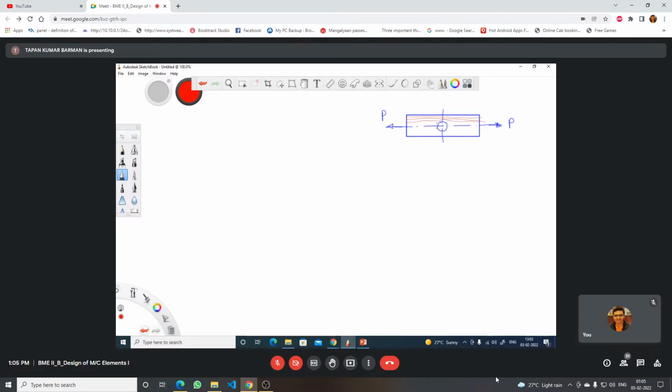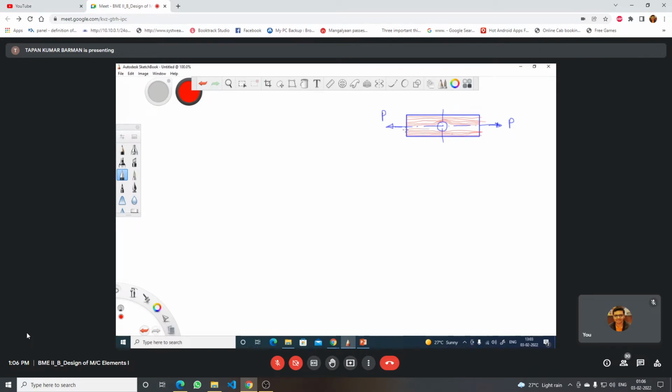Small deviation here. Again, you will get further deviation of the stress lines like this. So these lines are similar to the streamlines you have studied in fluid mechanics. So you may assume like this.